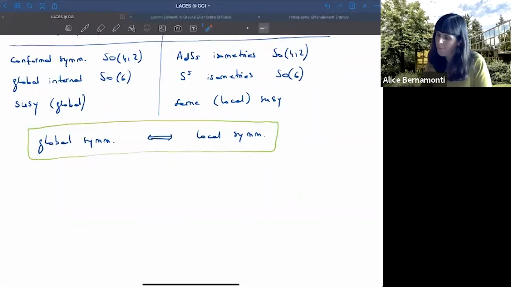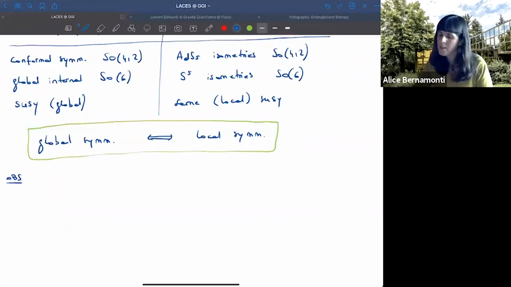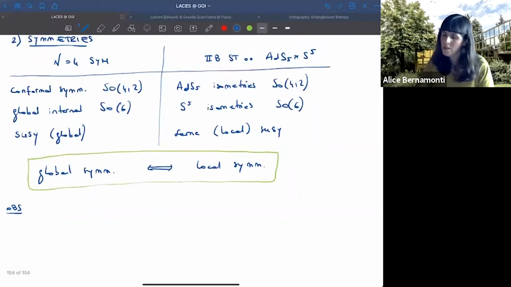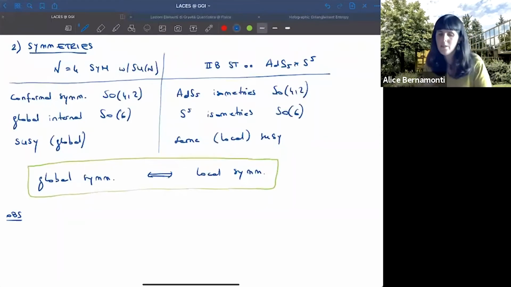And the other observation that I want to make, and I will write it schematically, is that the SU(N) gauge symmetry of the conformal field theory has no counterpart in the AdS.